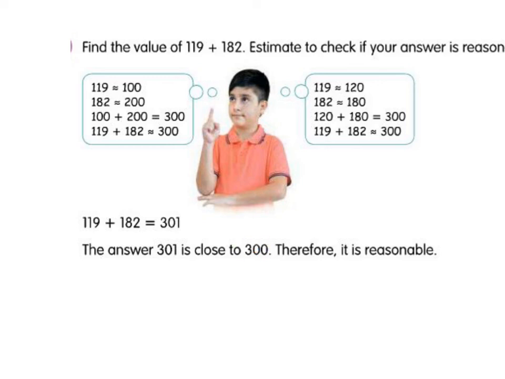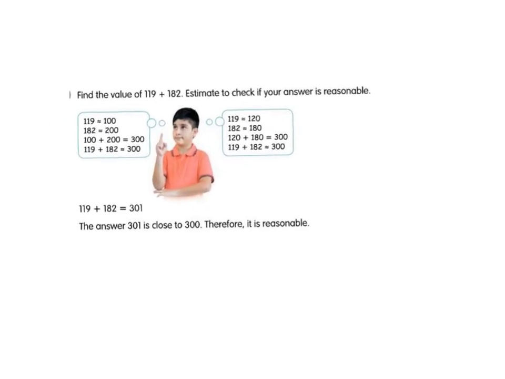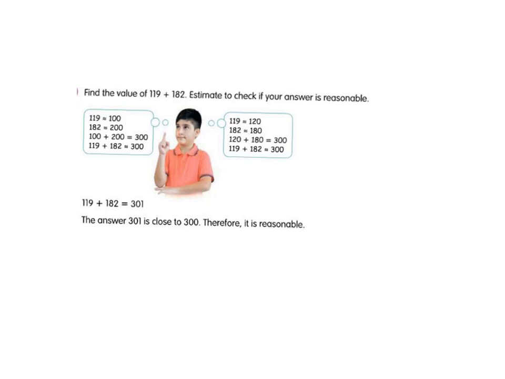So we can very quickly check that our answer is very close to that. So I'm pretty confident that it's reasonable and correct. I can also use the same principle for subtractions. So it's very, very important that you do practice this skill of estimating and rounding.